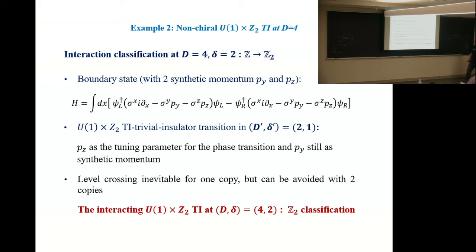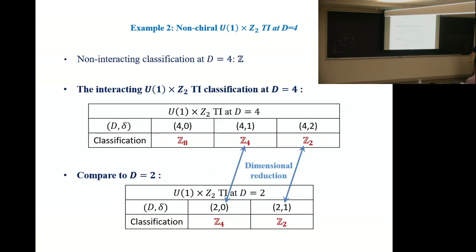Then we can make a connection between d equals 4, delta equals 2 and d equals 2, delta equals 1. So suppose that capital D equals 4: for the 4-0 case, we have Z8. For the 4-1 case, this can be reduced to the 2-0 case, so we have Z4 classification. And for the 4-2 case, we can reduce to the 2-1 case, so they both have Z2.